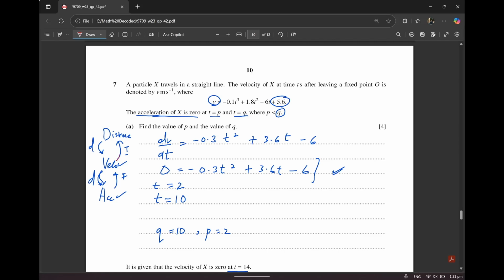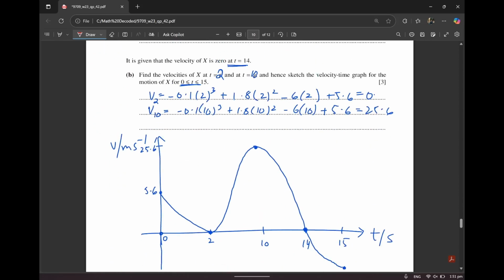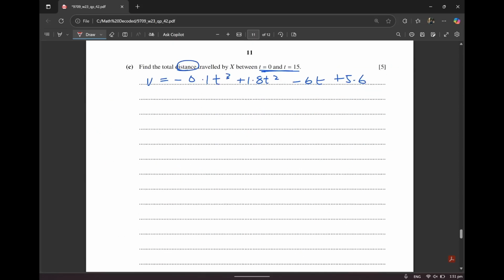So I'm moving from here to here. It means I have to integrate it. So integral of negative 0.1 t cube plus 1.8 t square minus 6t plus 5.6. The limits I'm having are 15 and 0.